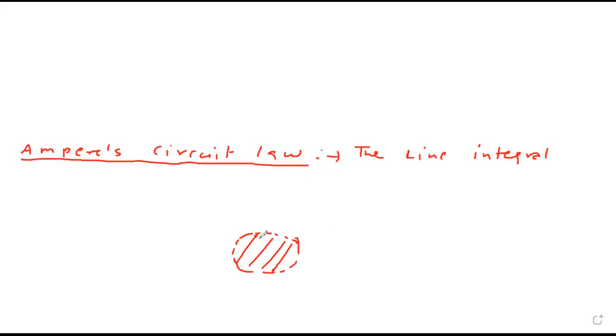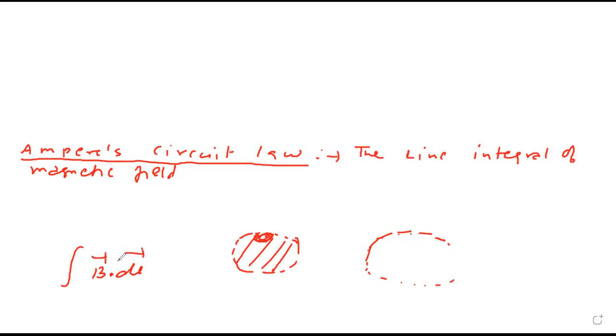For Gauss's theorem we use area, and for Ampere's circuital law we use line. So line integral means around this boundary. The line integral of magnetic field, that is the integral of B bar dot dl bar, is called line integral. Dl means length. Length is like line.